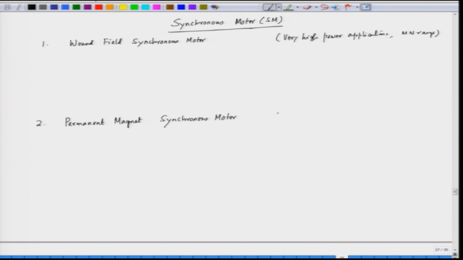Whereas the permanent magnet synchronous motors are used for low and medium power applications, which means in the few kilowatt range.